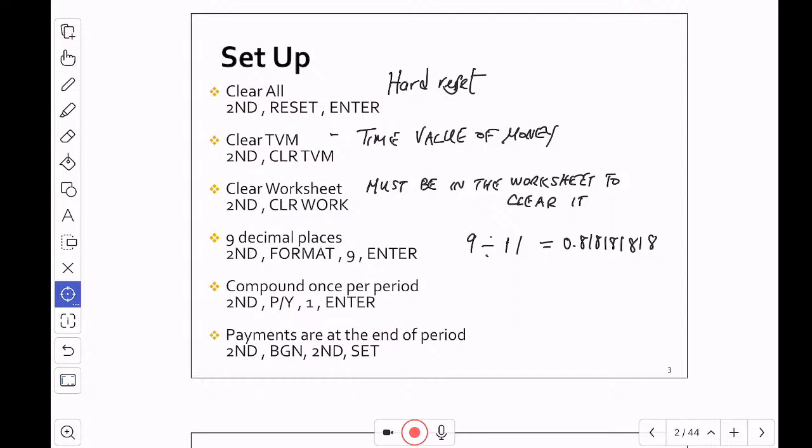So what I'm talking about is we're going to be working with effective rates, for example, the annual rate compounded annually.